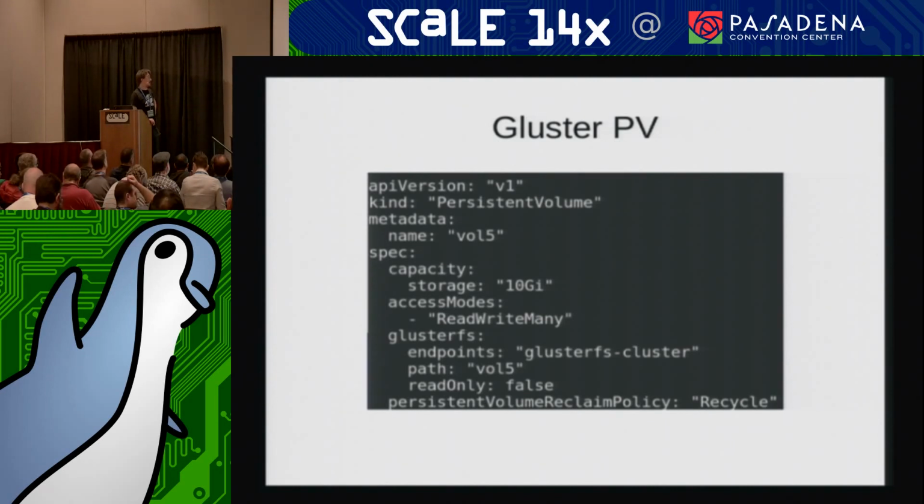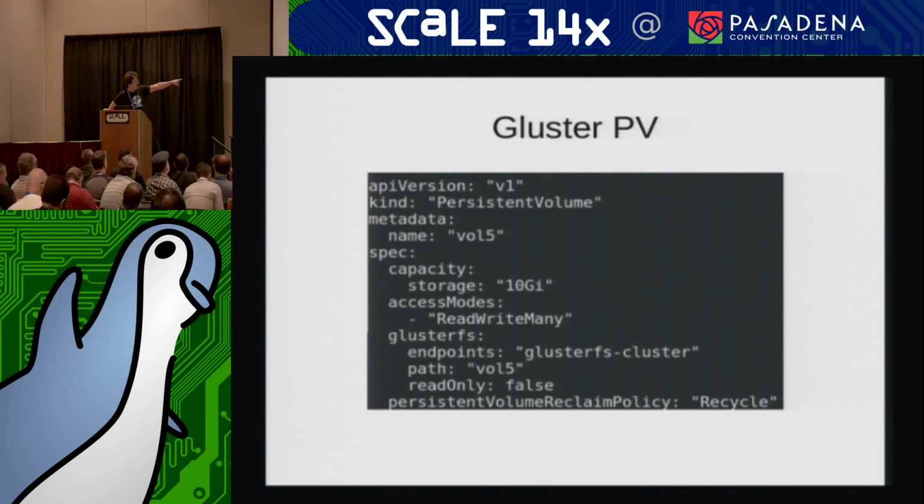I went to one of them and said, all right, this looked good, and made a few modifications. For the volumes that the Dockerfile says need to be volumes, I created Gluster volumes. And then you create physical volumes in Kubernetes.